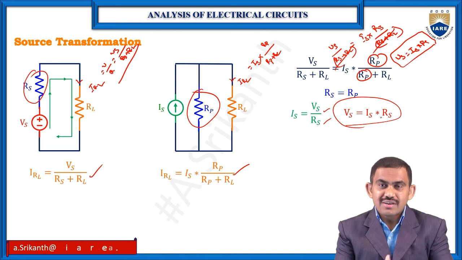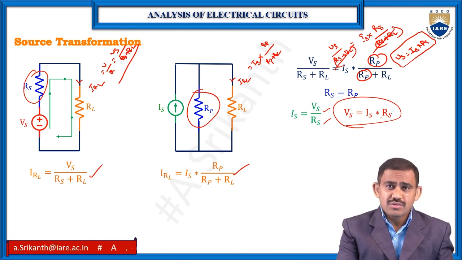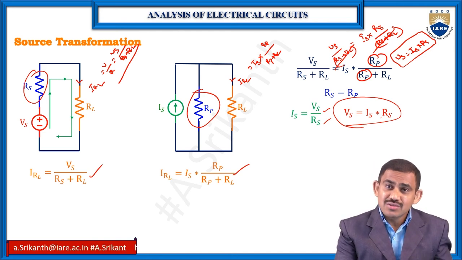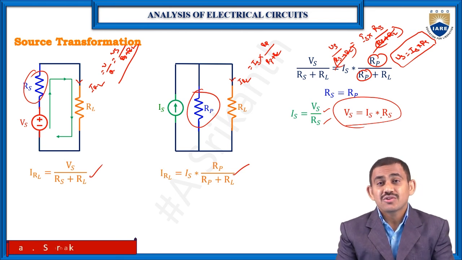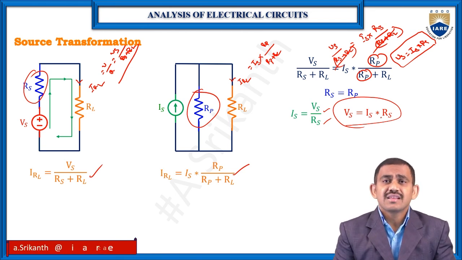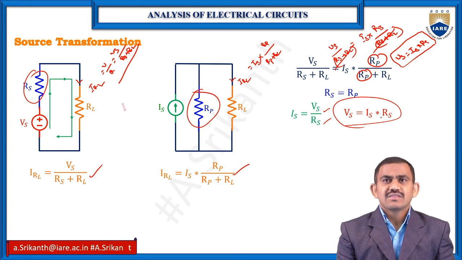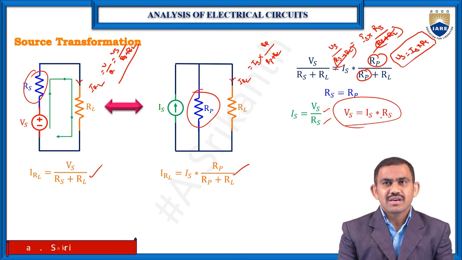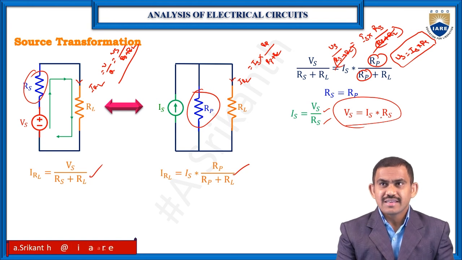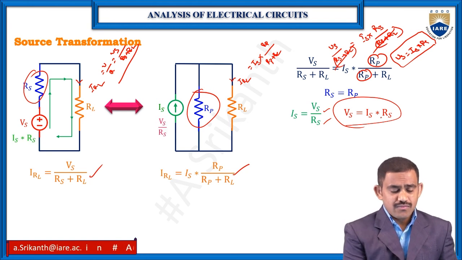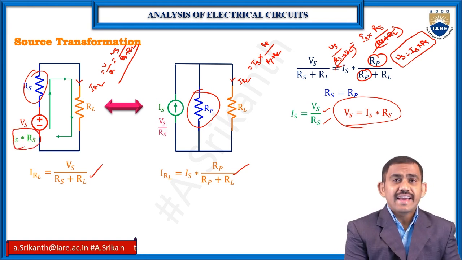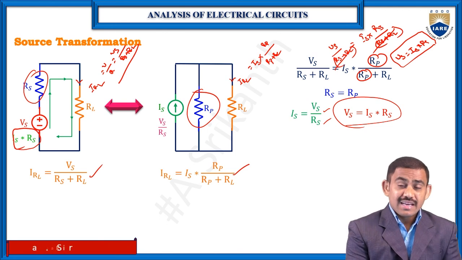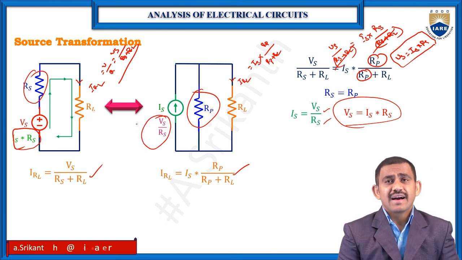If I want to convert a current source to a voltage source, the voltage value is the current source into that internal resistance. Same logic both ways: the voltage value is Is into Rs, and the current value is Vs by Rs.